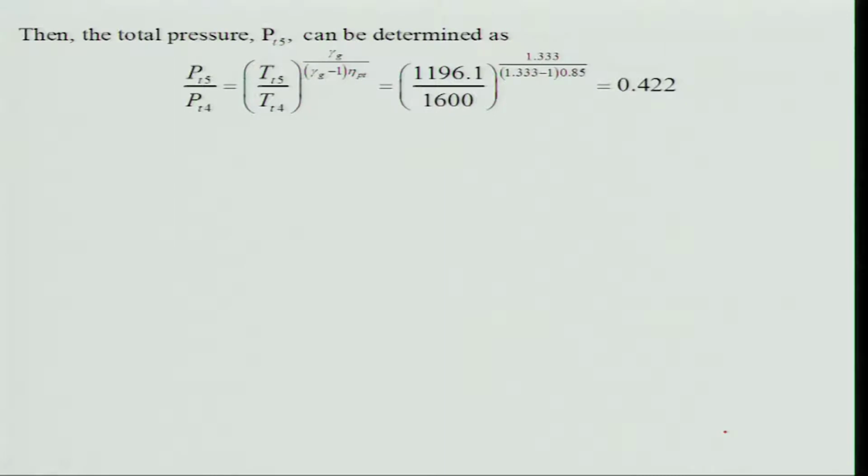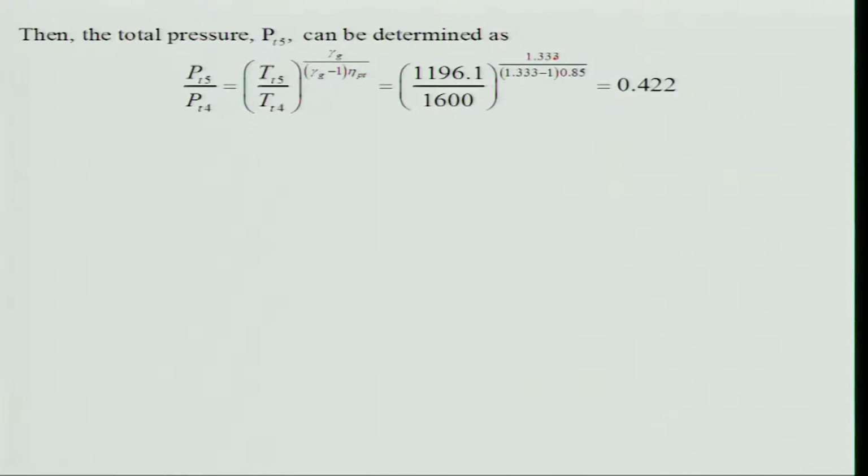Next, the total pressure we need to determine, and we can find it because we know TT5 now and TT4 is known. By using the relationship for the non-isentropic case, because we are using eta Pt, the polytropic efficiency for the turbine, Pt5 by Pt4 can be related to the temperature ratio across the turbine, to the power gamma g divided by gamma g minus 1 times eta.